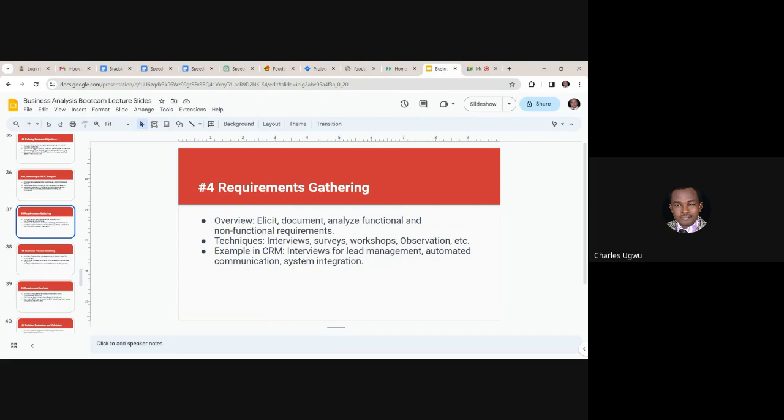Elicit means to capture or gather requirements, and then document the requirements, analyze the functional and non-functional requirements. So that is requirement gathering. You can call it data collection, you can call it requirement elicitation. It is a very key area in business analysis that you must apply.